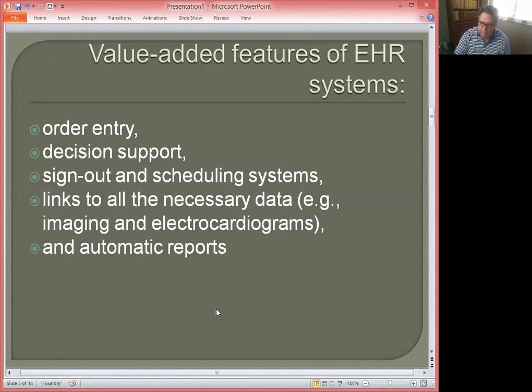For example, you can bring up x-rays, labs, electrocardiograms, anything that has been performed and is reported within the in-house system. And then, of course, automatic reports can be generated by virtue of the system.